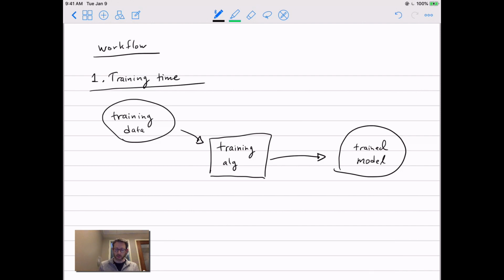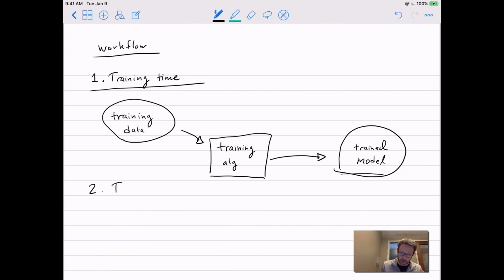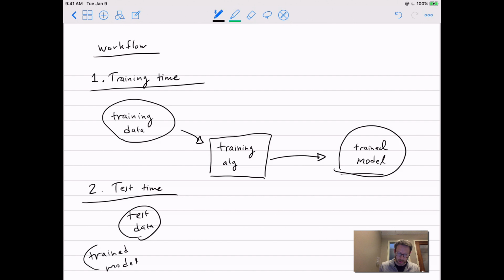So at training time you just look at your training data, you get the trained model out, and then when you're ready to test it, this is at test time, we're going to take in that test data that we held out, and then we're also going to use the trained model, the same one that I just drew above. Those are sort of the inputs to a prediction algorithm.